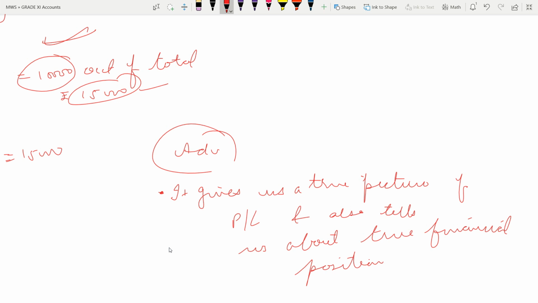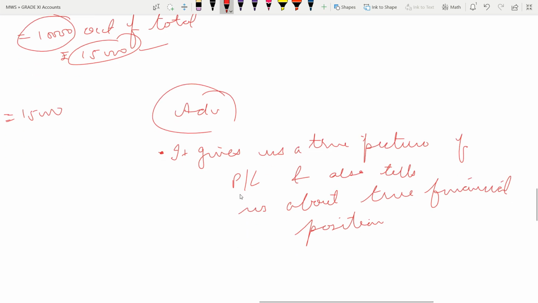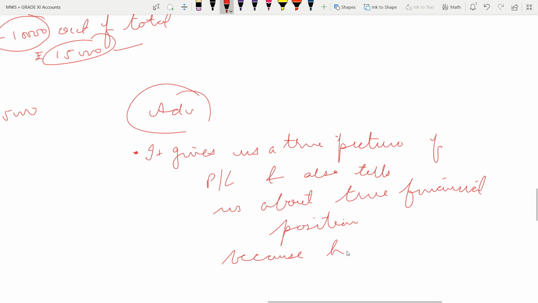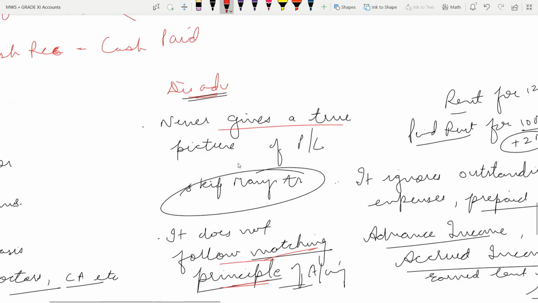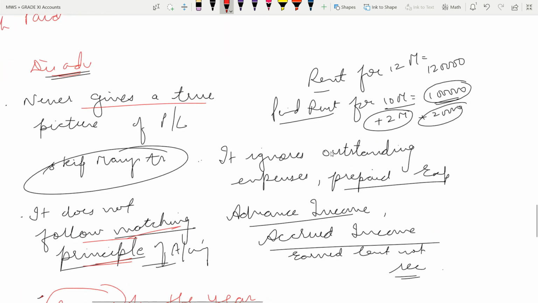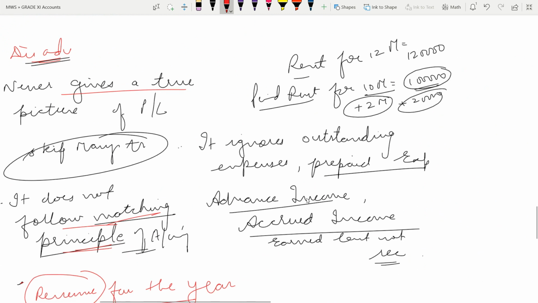Why will we get to know the true picture? Because here we include all those things: outstanding expenses, prepaid expenses, advance income, accrued income.